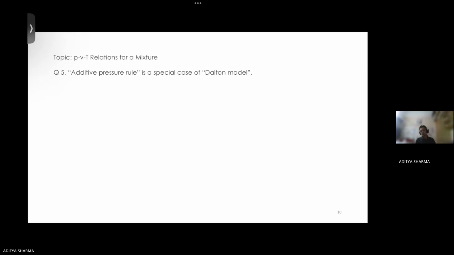Okay. So the next question is on pressure, volume, temperature relations for a mixture. It says that the additive pressure rule is a special case of Dalton model. You can try to answer this.